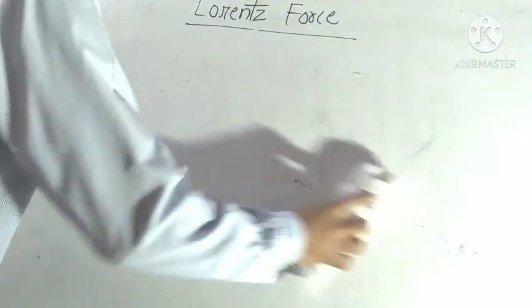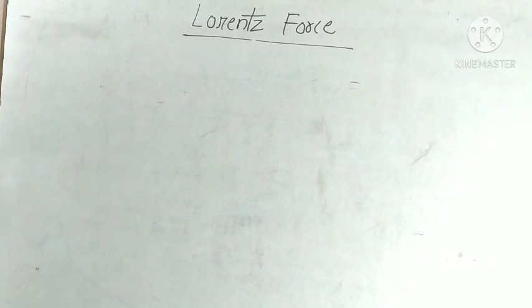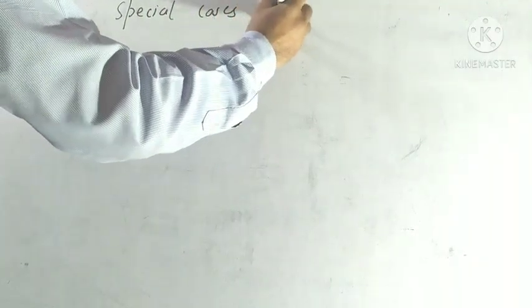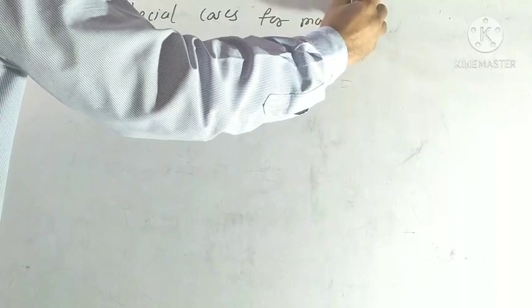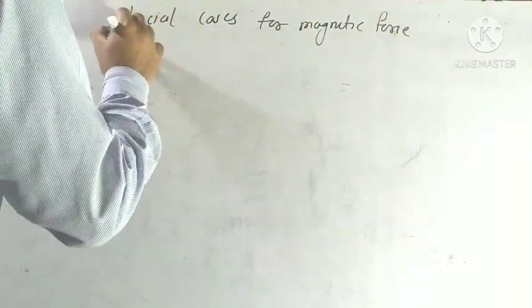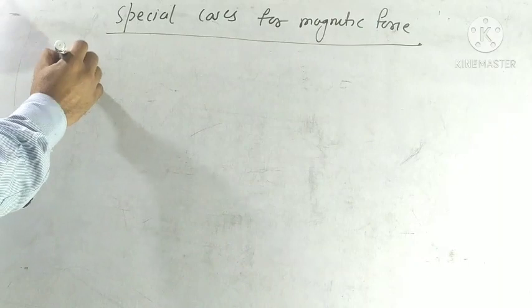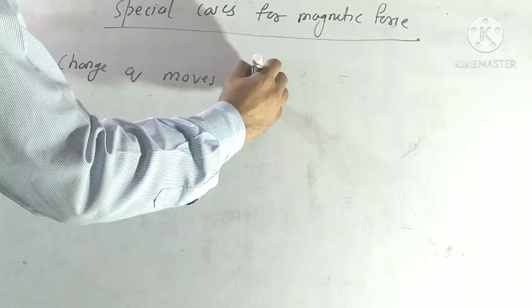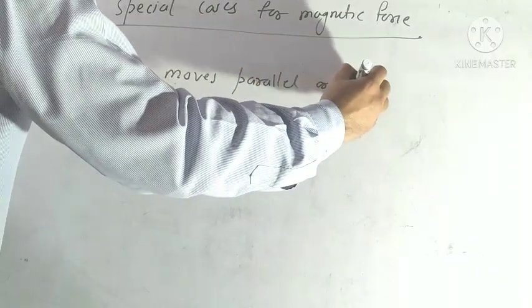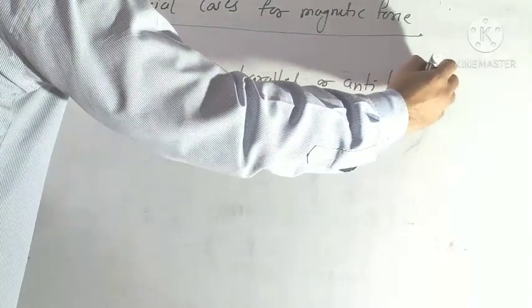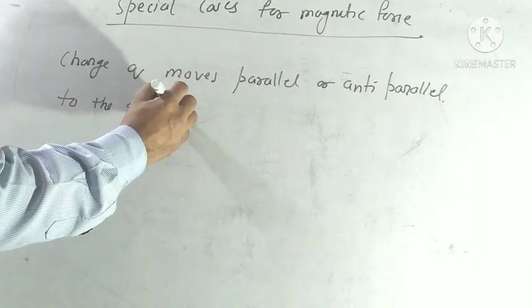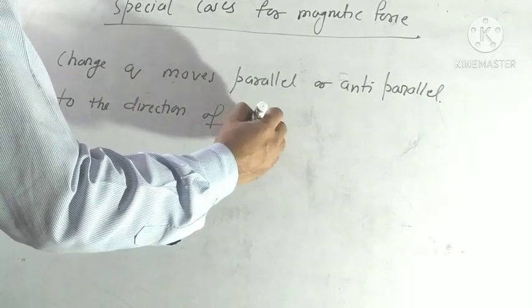So now we discuss some special cases for magnetic force. Case 1: charge Q moves parallel or anti-parallel to the direction of the magnetic field.